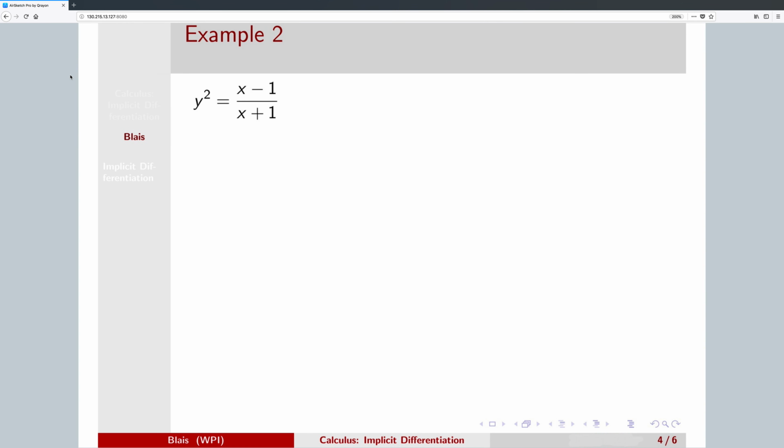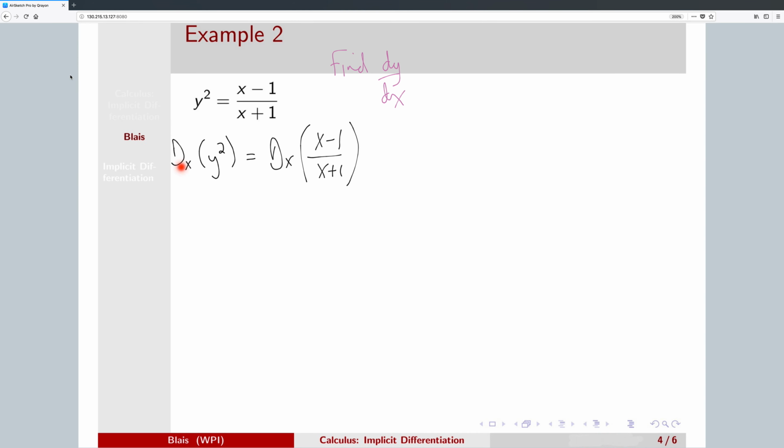So suppose we have y squared equals (x minus 1) over (x plus 1), and we want to find dy/dx. Well, same thing. Differentiate both sides with respect to x. And again, on the left here, we need to do chain rule.